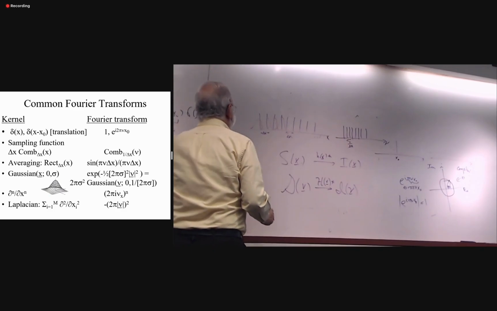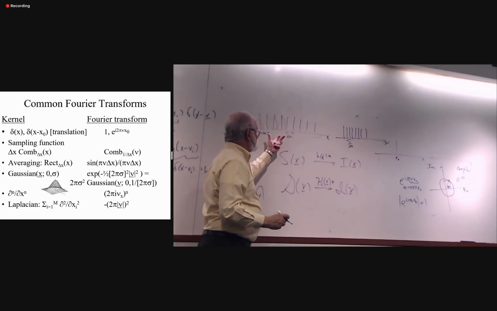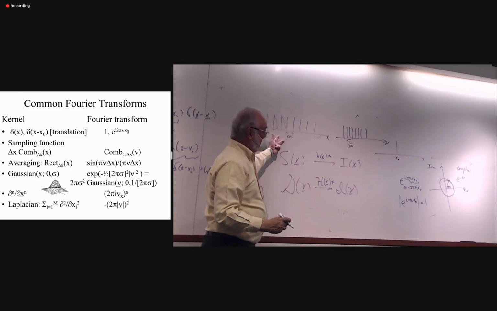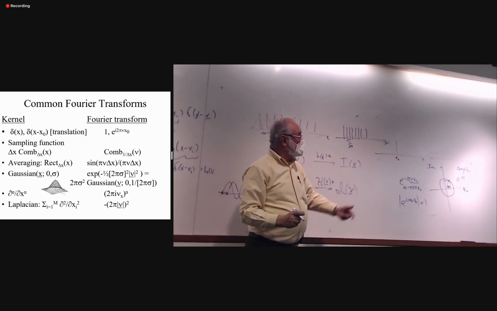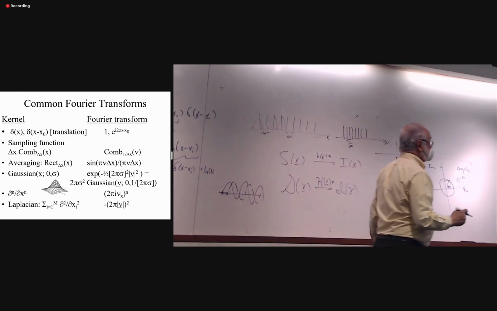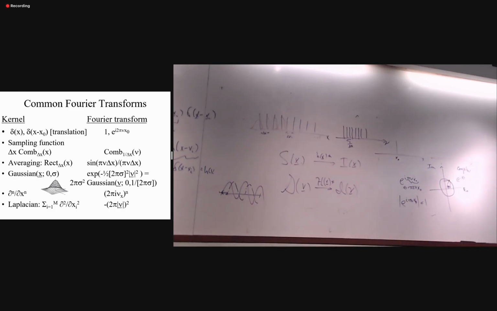Well, this is typical of transfer functions. Things that are wider in space become narrower in frequency by reciprocal. And you'll see that same thing happening in the Gaussian down here, where sigma is the width of this bell-shaped function.